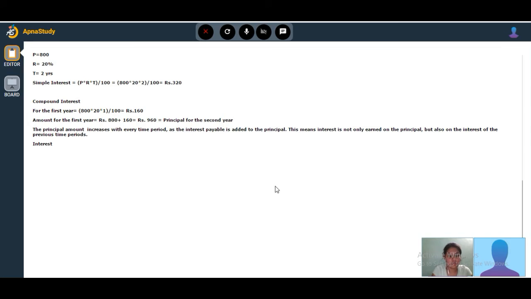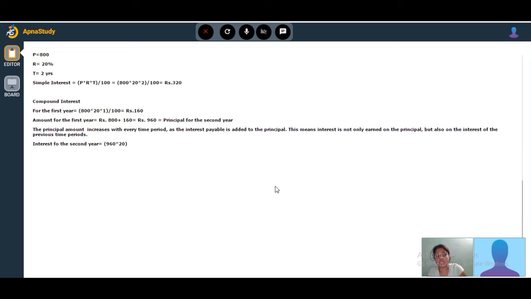Okay. So now let us find out what will be the final interest for the second year. Interest for the second year is equal to, here the principal is rupees 960 and the rate will be the same.